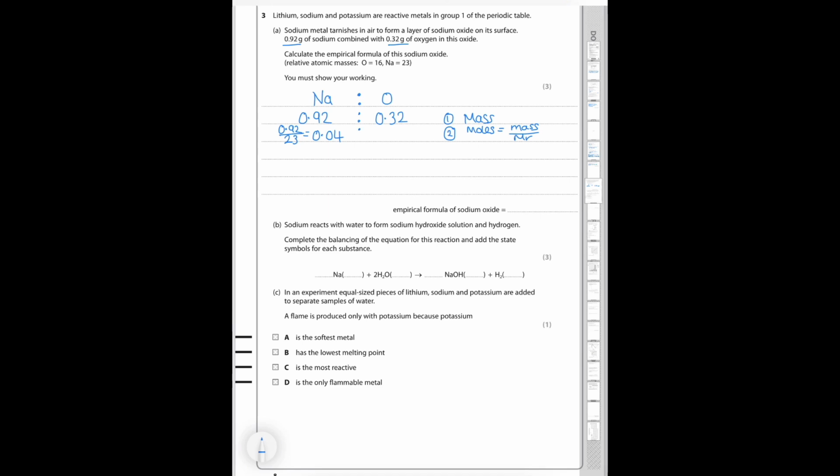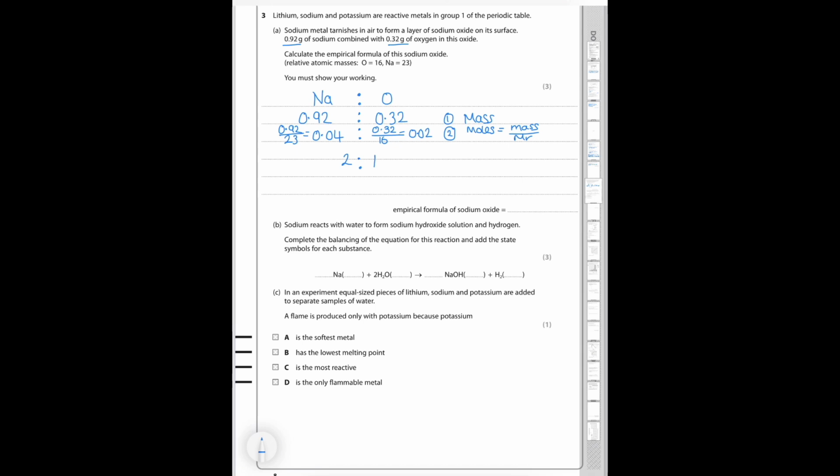which gives us 0.04 moles. And then we have 0.32, which was the mass of our oxygen, and the molecular mass of oxygen is 16. And if we calculate that out, we get 0.02. Now, we should be able to see when we're trying to put this into whole numbers, if we've got 0.04 as a ratio to 0.02, we actually have a ratio of 2 to 1.